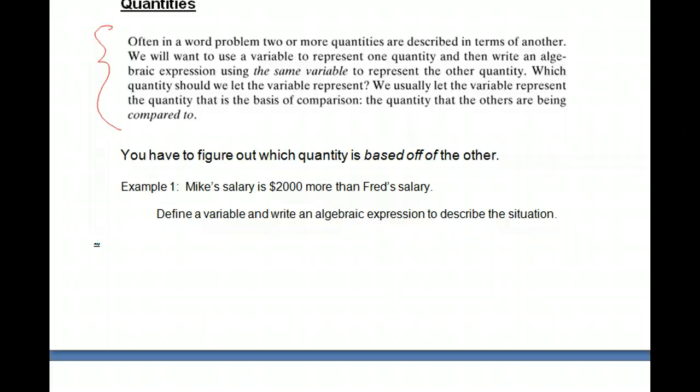So another way to look at it is, whose salary would I need to know first in order to figure out the other? If I knew Fred's, could I figure out Mike's? Okay, that's one way to look at it. So since Mike's salary is $2,000 more than Fred's, that means that Mike is based off of Fred.